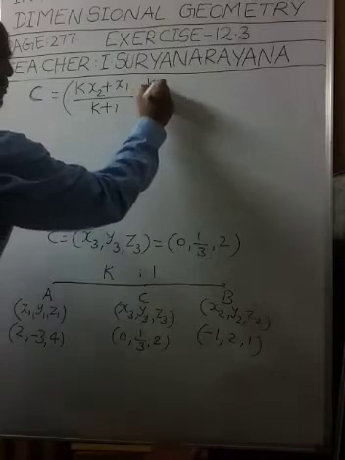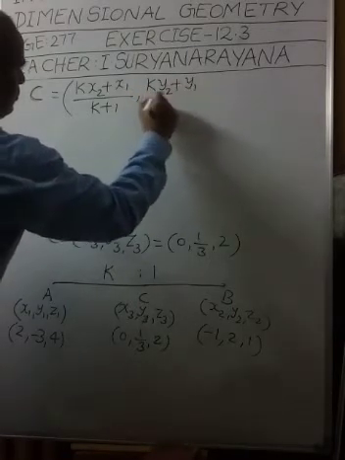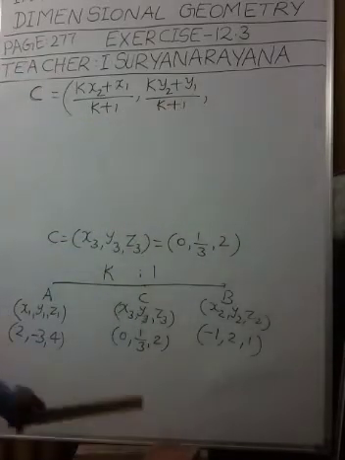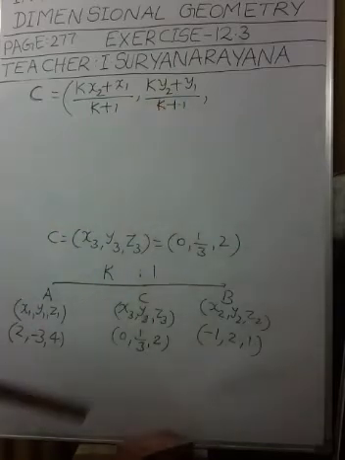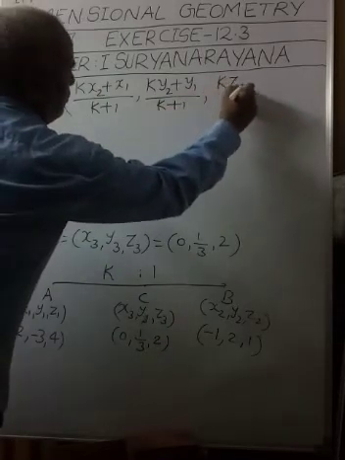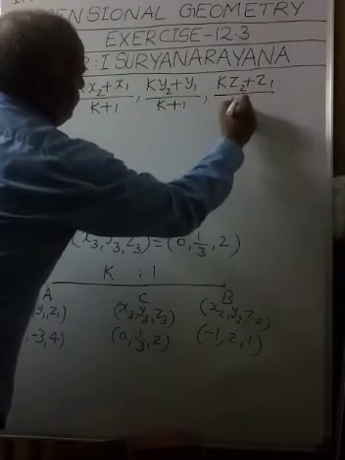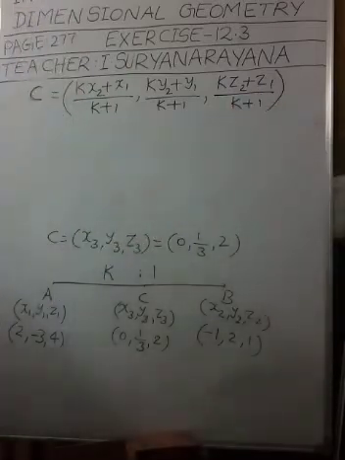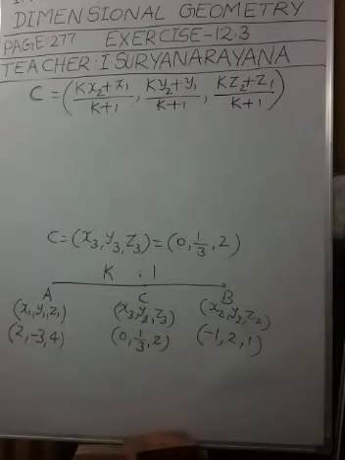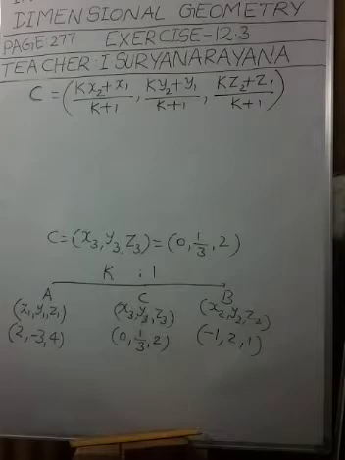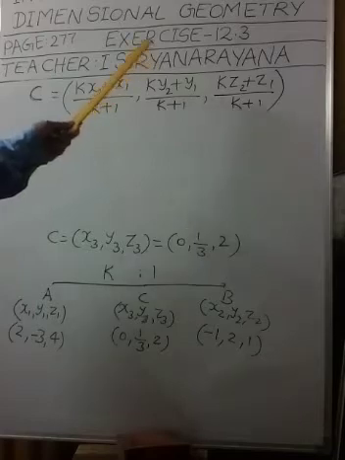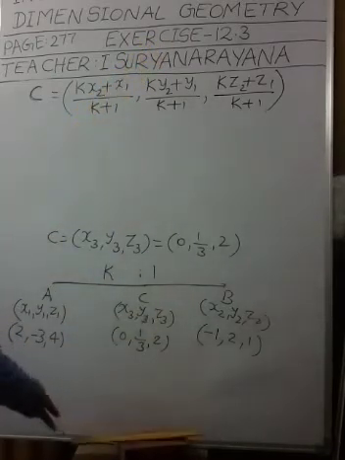Next, the y coordinate is (ky2 + y1)/(k + 1). Now the z coordinate is (kz2 + z1)/(k + 1). This is the section formula. Do you remember this formula? In this formula, we substitute x1, y1, z1, x2, y2, z2.